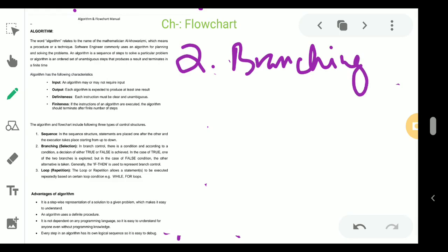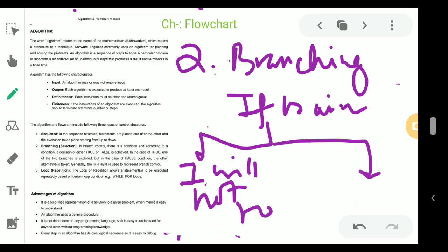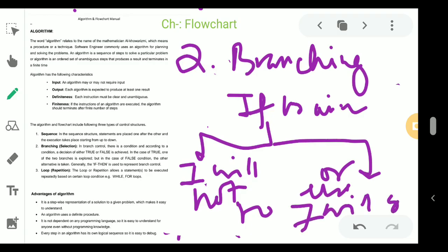Suppose today we will take a decision. If there is rain, then I will not go, or else I will go. So if there's rain, then I will not go.